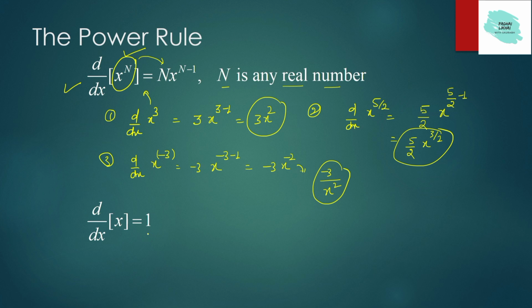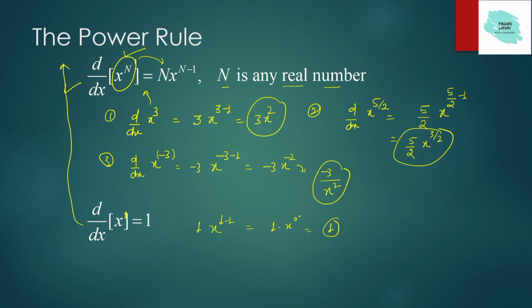Okay, let us see another example, the derivative of x to the power 1, or derivative of x. By applying the power rule, we will find 1 in the front, x to the power 1 minus 1, so it will return 1 into x to the power 0. Any non-zero number to the power 0 will become 1.